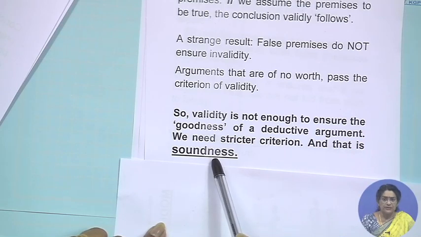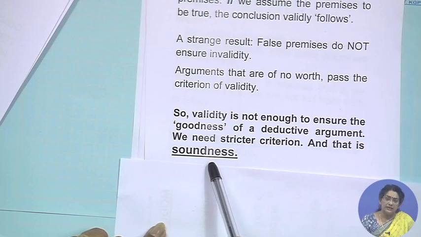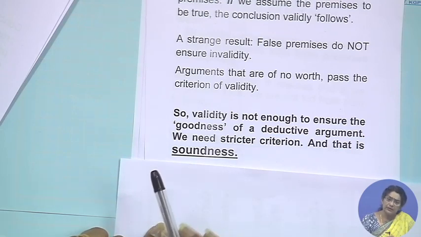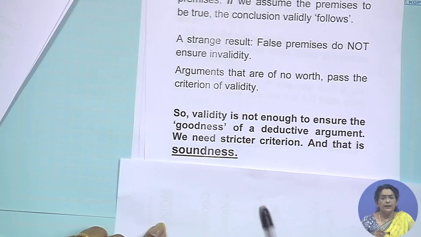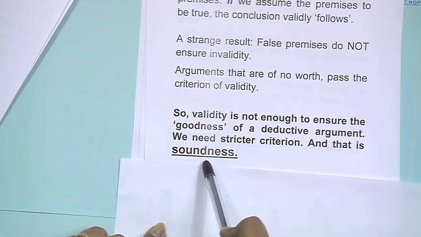So, our next stop is to look into what soundness is. We are still talking about deductive arguments, we are still learning what makes deductive arguments good, and I said validity is surely a handy notion, but it is somewhat loose. So, we need a stricter notion, introducing soundness.